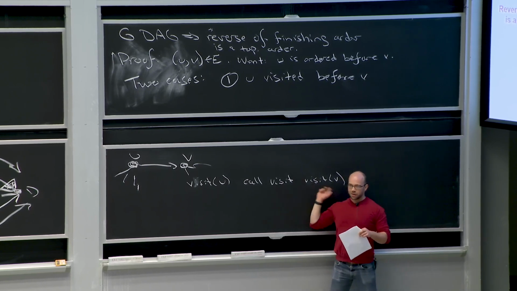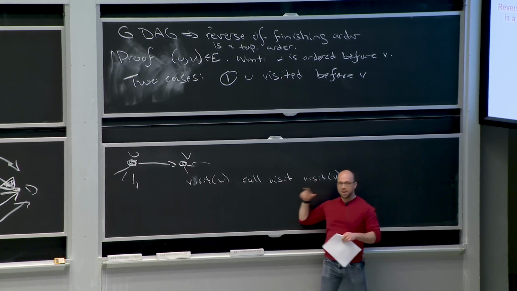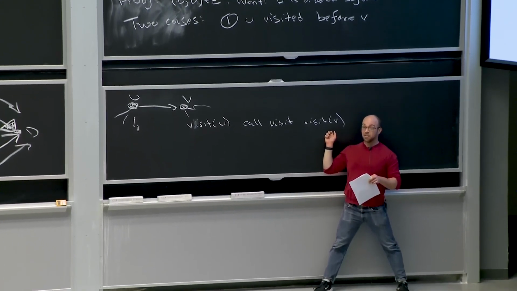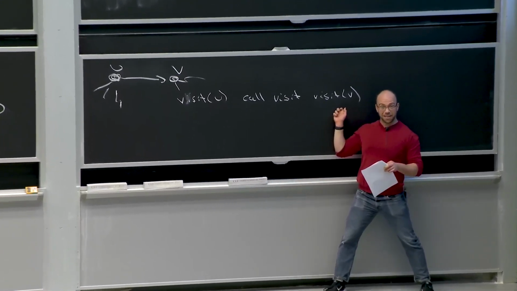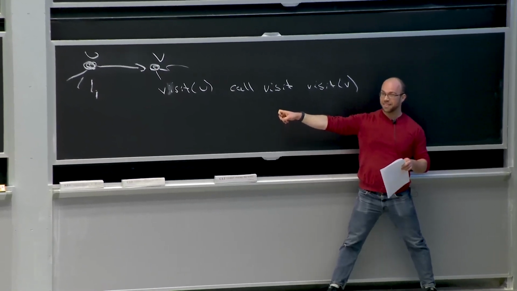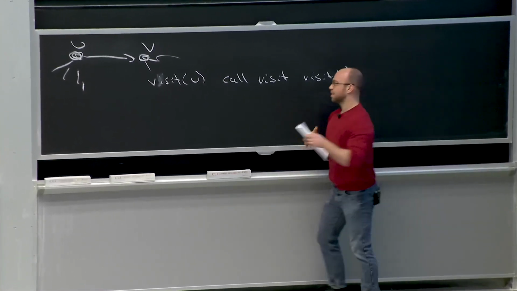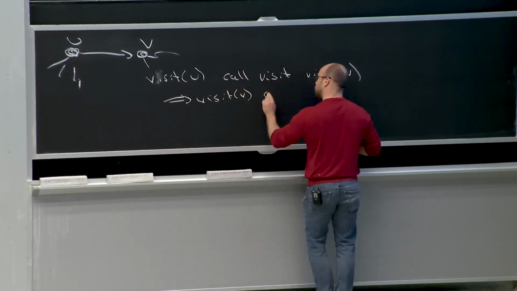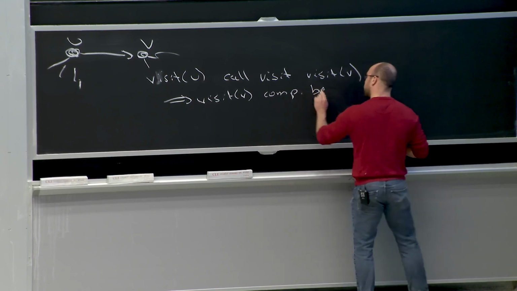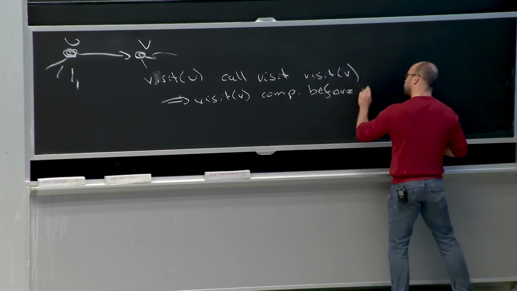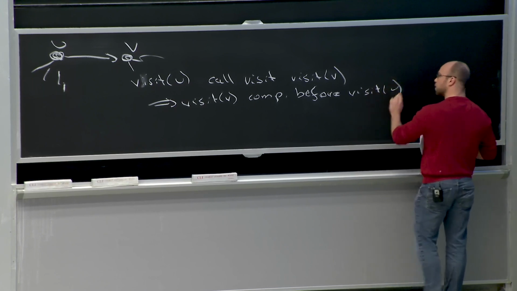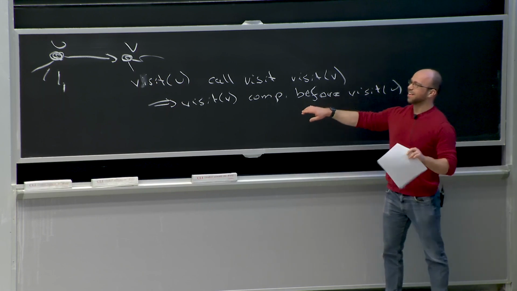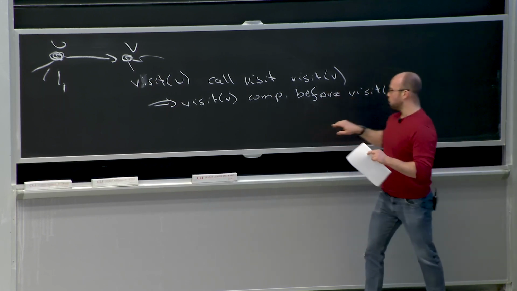Now here's where reverse ordering, we're going to have to keep it in our head, right? Because visit of U calls visit of V. So notice that visit of V has to complete before visit of U. V completes before visit of U. So in reverse finishing order, what does that mean?